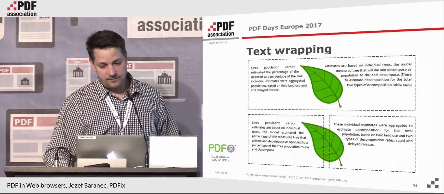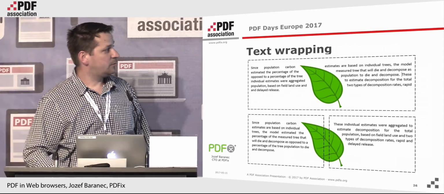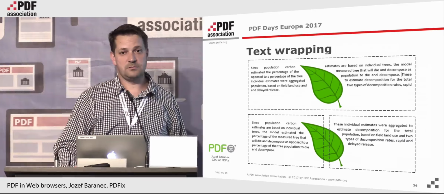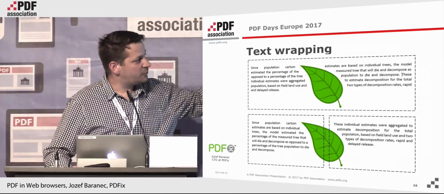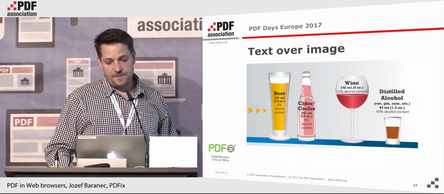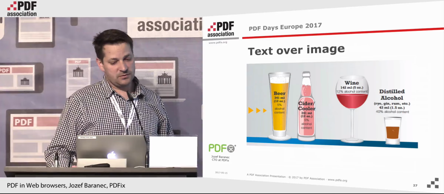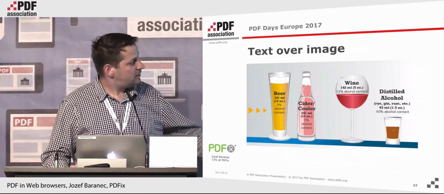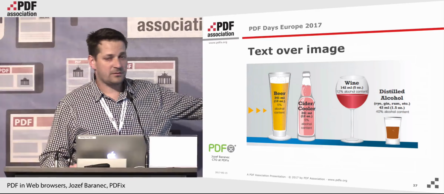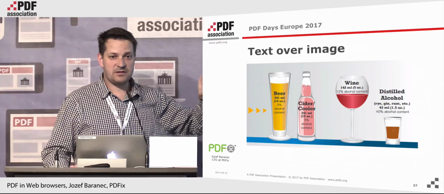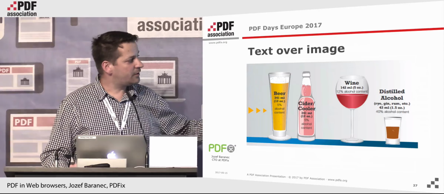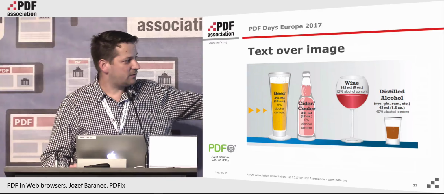Text wrapping is another example where you have no idea how the columns flow, whether it's just one row or you have to read the text as two columns. Text over image is also a very good example. The beer on the left side: I don't know if the text is something that is written on the glass and must remain on the image, or it's a label to the image, like on the right side.